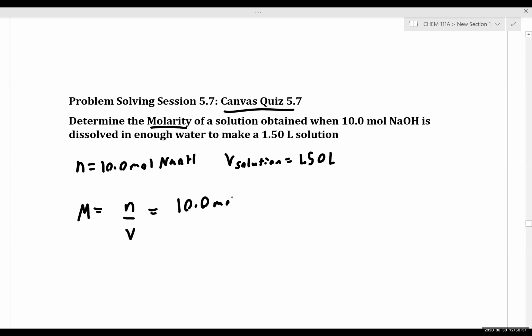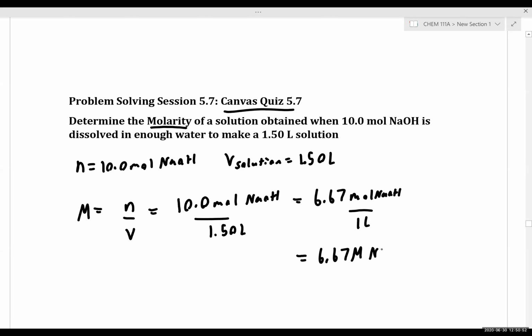We have 10.0 moles of sodium hydroxide over 1.50 liters of solution, and that in turn gives us 6.67 moles of sodium hydroxide per 1 liter. In other words, a 6.67 molar sodium hydroxide solution.